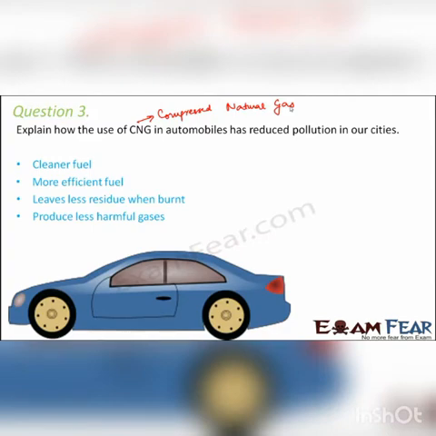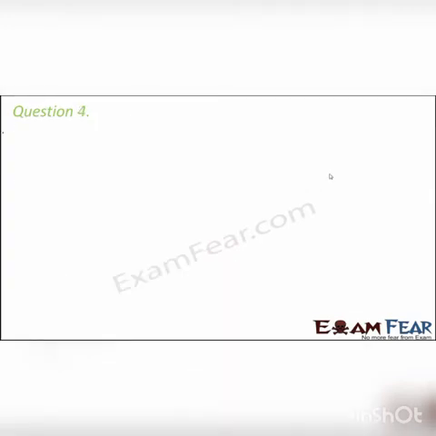But here comparatively, the gases which are produced, they are also less harmful. So overall, we can say that CNG is very environment friendly, and that is why use of CNG is preferred over petrol or diesel. Question number 4. Compare LPG and wood as fuels.